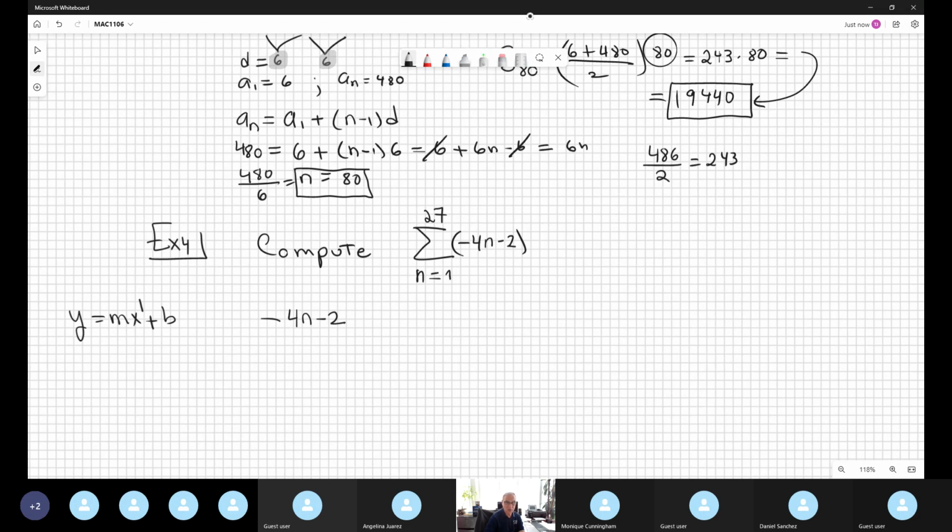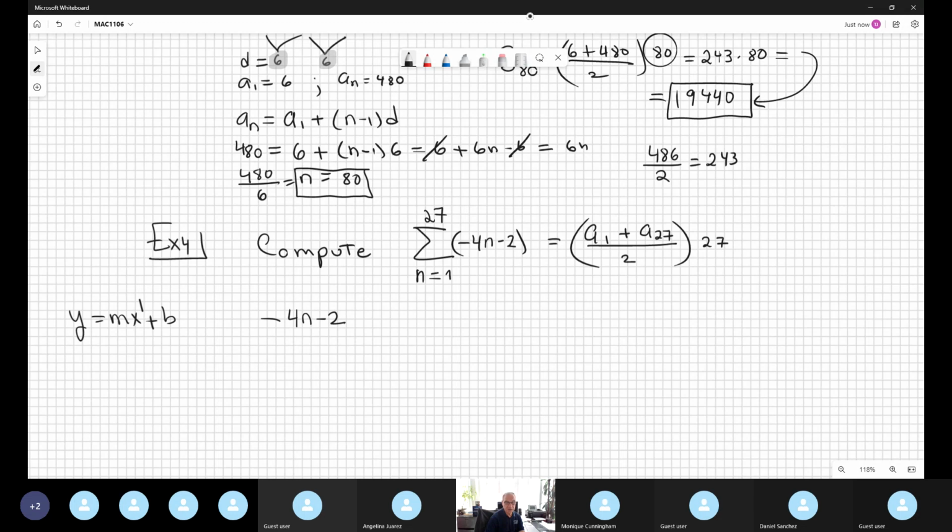So now I know the formula. The formula that the professor explained was a1 plus a27, because it's the last one, divided by 2, multiplied by n, but n is 27, no? Because n is the last number, 27. It's from 1 to 27.